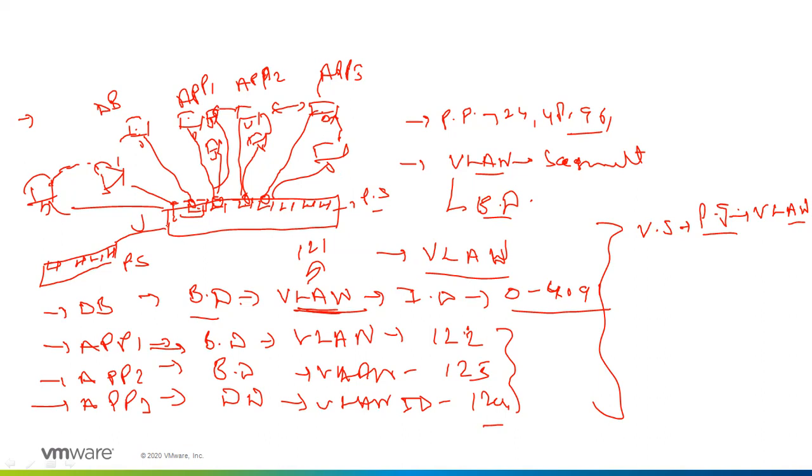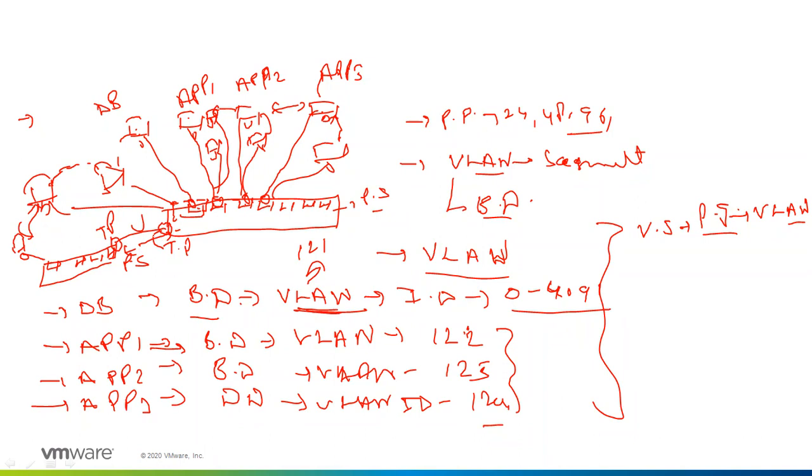But to identify whatever VLANs are available here and here, we have to configure the trunk port. A trunk port allows all the VLANs from switch 1 to switch 2, and switch 2 to switch 1. For example, some DB servers are here and some DB servers are there. If they want to talk with each other, they can, when trunking is enabled between these switches.